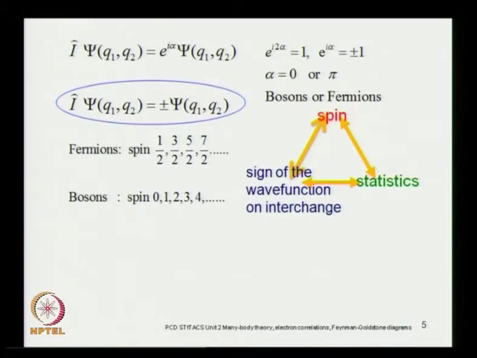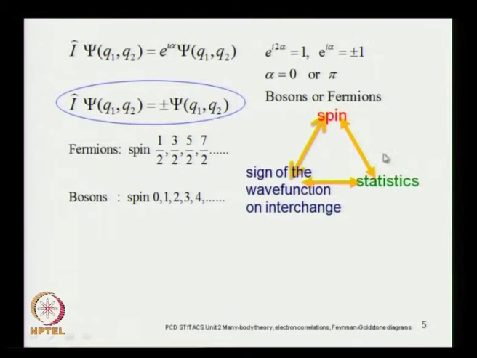Now, it is very interesting that you have this connection between statistics, the spin of the particles, and the sign of the wave function on interchange, because on interchange of Bose particles the wave function remains invariant, whereas on interchange of Fermi particles the wave function, the geminal, changes sign.